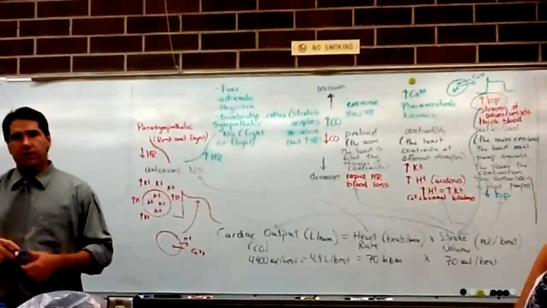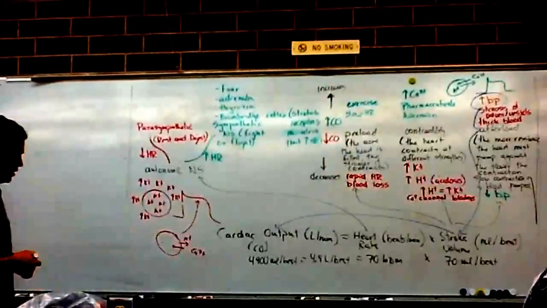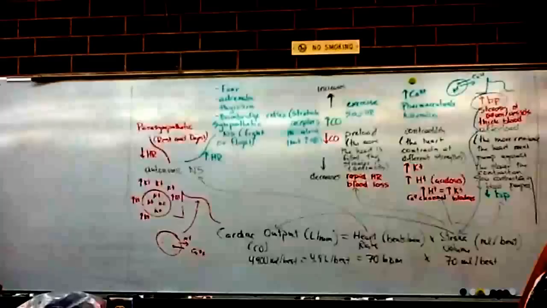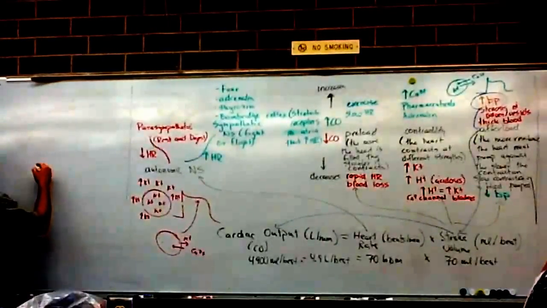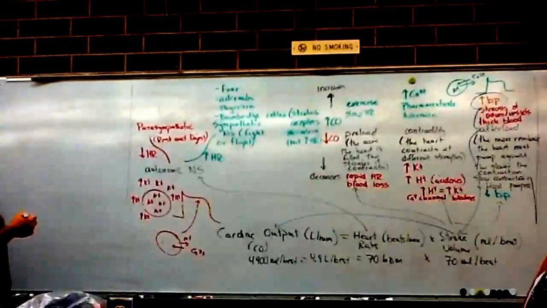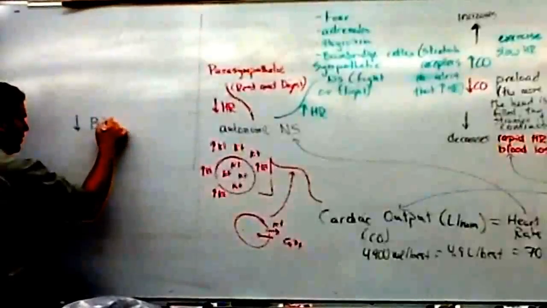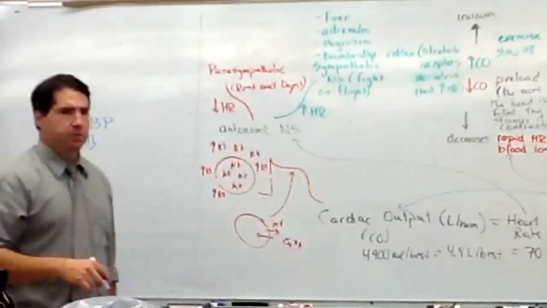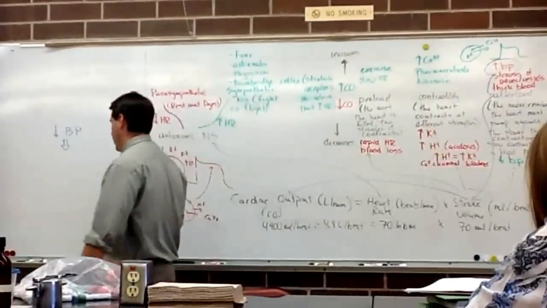So a lot of drugs, somehow or another, they just reduce blood pressure. I'm going to write it this way, but I'm going to be cautious. I don't really want you to write it this way on the test, but just for the sake of teaching it, it's a little easier to just point out that all of these drugs, what they do is they decrease blood pressure first, because if you can decrease blood pressure, you're going to decrease afterload.